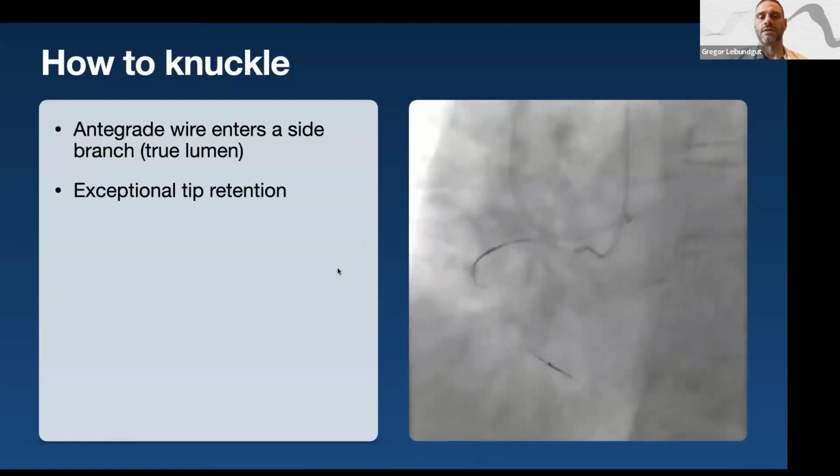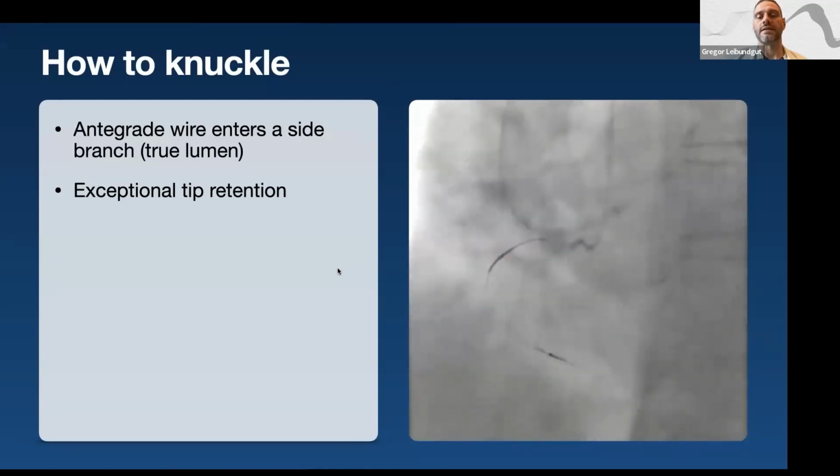And then you can retract the Gladius from antegrade, and it has this really nice tip retention folding, and it's almost like a fresh wire when you take it out from knuckling, and you can enter in that RV branch, even being sure that you are in true lumen and not even in the subintimal space anymore.